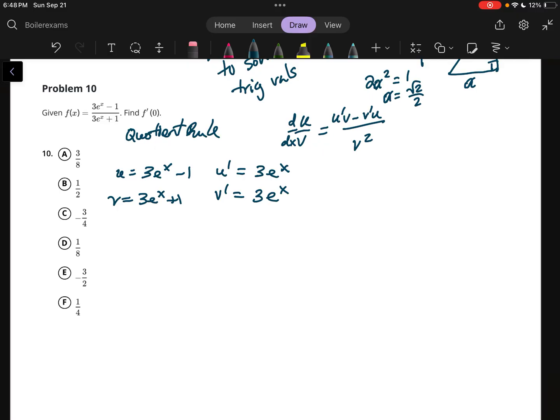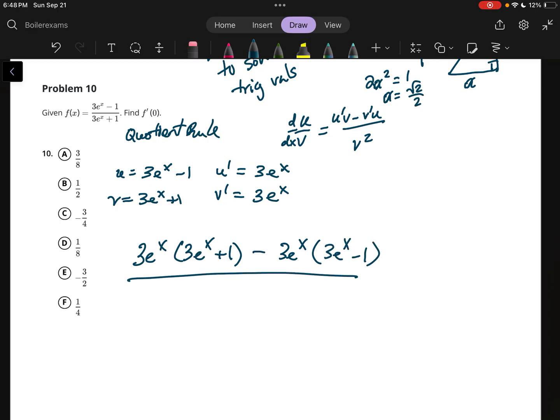If I plug things in, I get 3e^x times (3e^x plus 1) minus 3e^x times (3e^x minus 1), divided by (3e^x plus 1) squared. I don't have to expand any of this out because they want to find f prime at 0, so I can just plug in 0 right now. That's really good for us because e to the power of 0 is just 1, so that's going to make things really easy to solve.